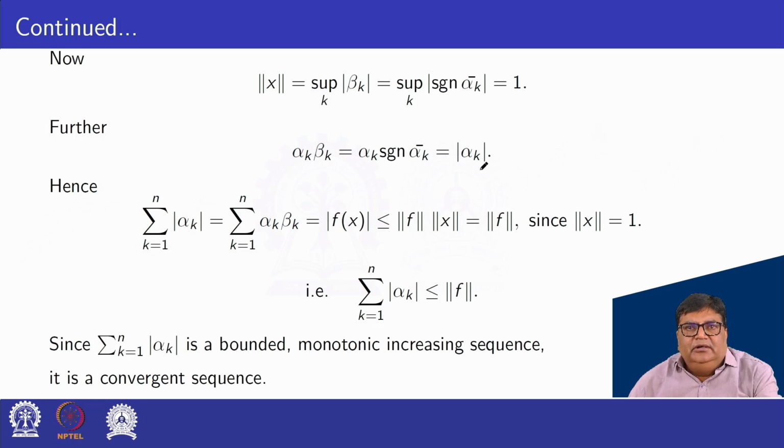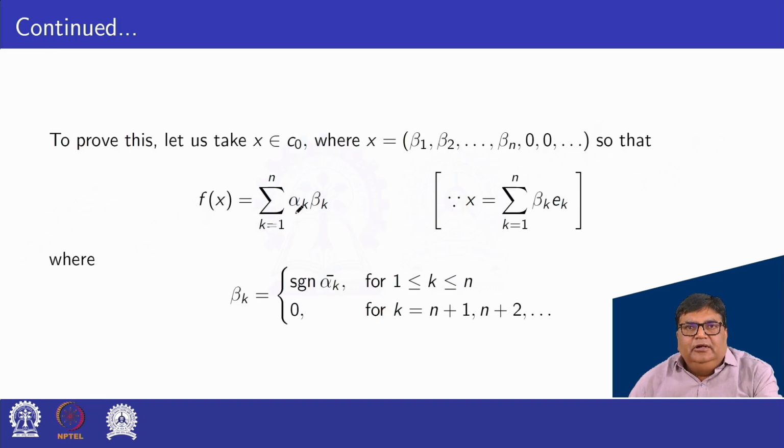Here, mod alpha k is a positive term, and summation alpha k beta k is f of x.